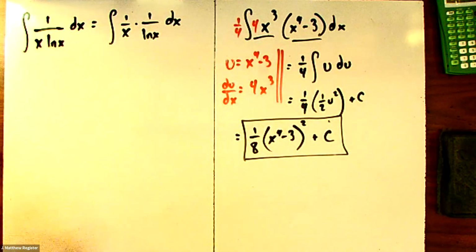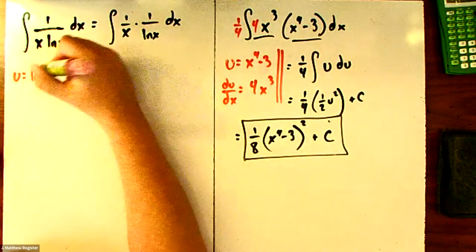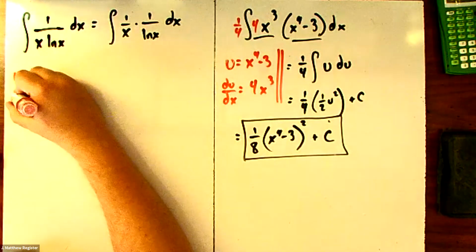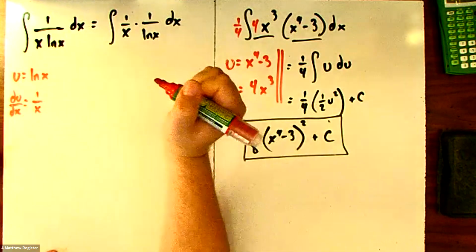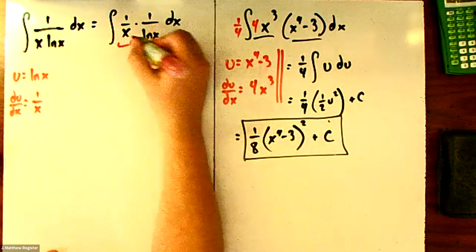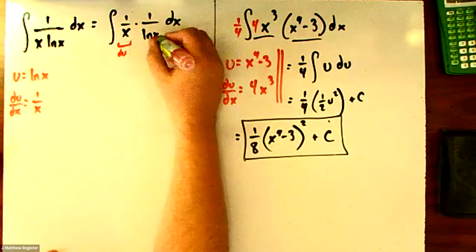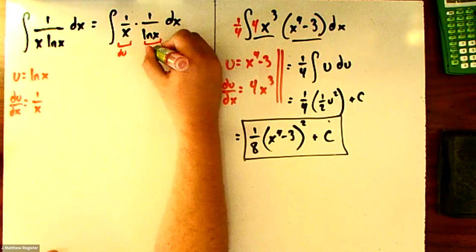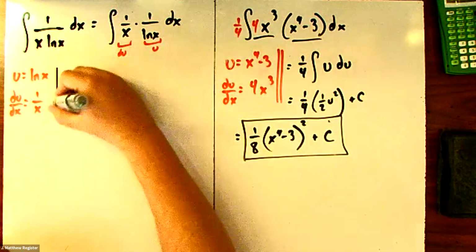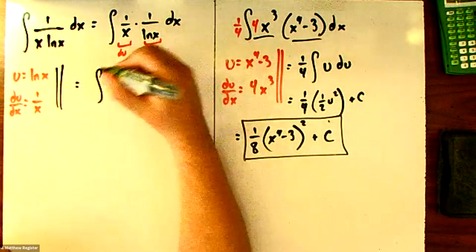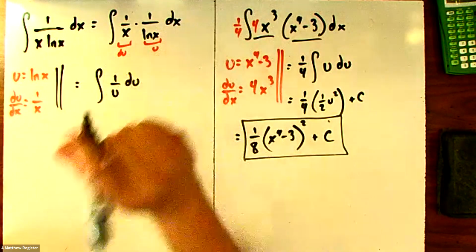And so if we let u be equal to the natural log of x, well then du dx is going to be equal to 1 over x. And notice we actually have a 1 over x there. And so we have our du, and then this is our u. And so we can rewrite this as the integral of 1 over u du.